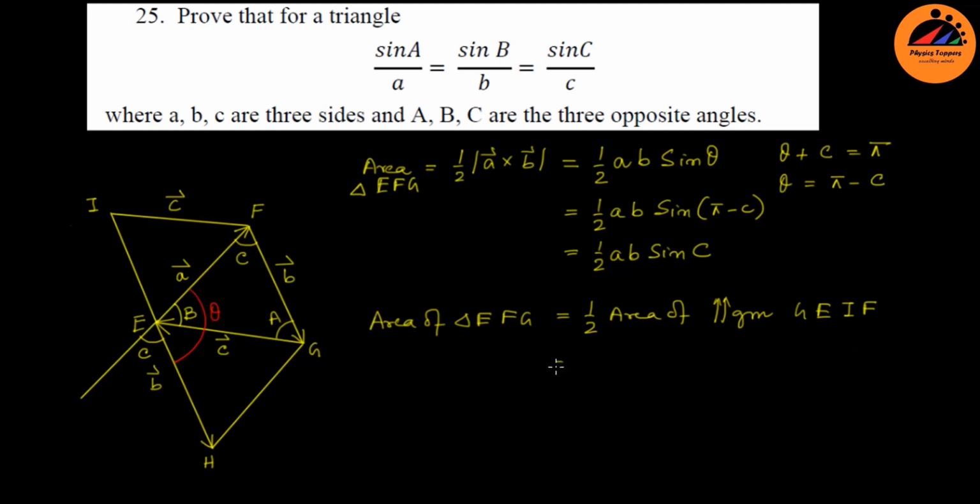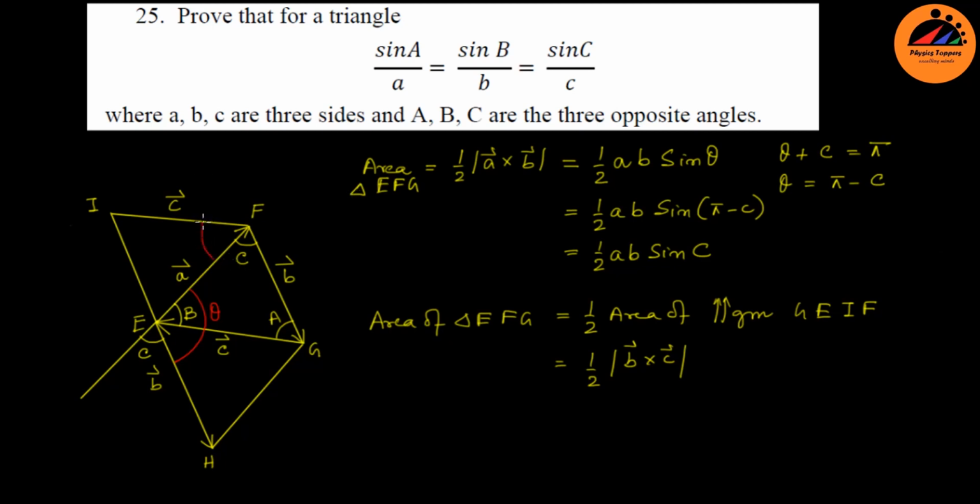That is half magnitude of B cross C. Now this is B and this is C. Let's mention the angle also.